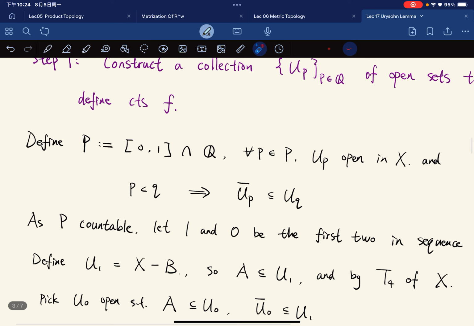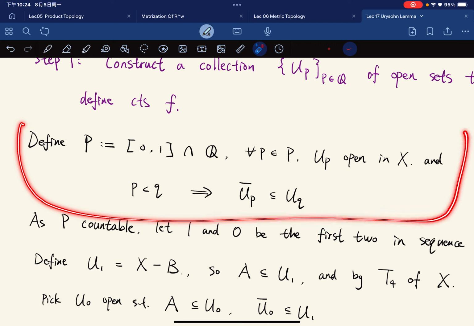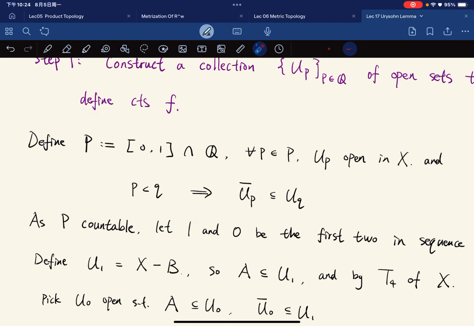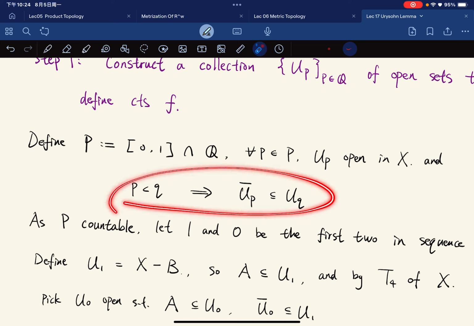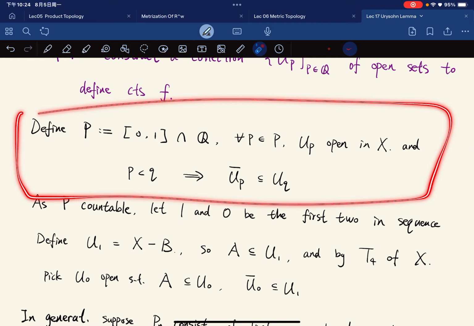Let this set be P. We want a collection U_p where each U_p is open in X, and if p is less than q, then the closure of U_p is contained in U_q.